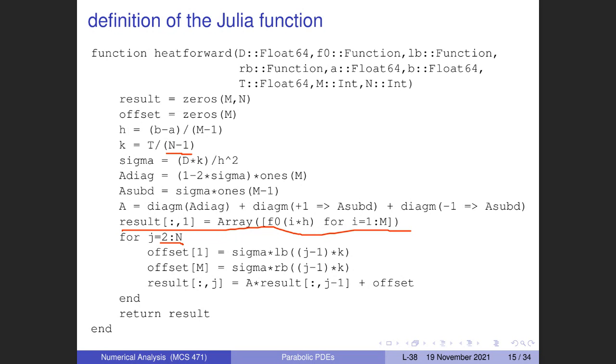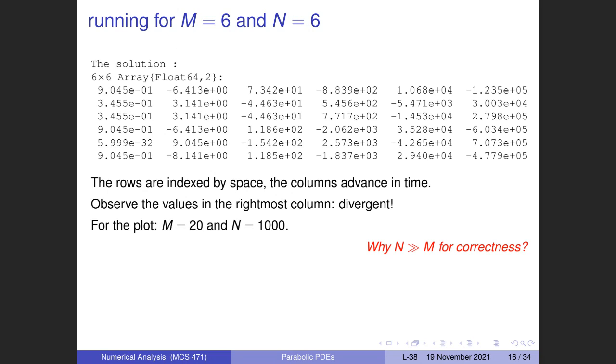All right, let's apply this. We do this with 6 values. So the first column, this first column here, is the initial temperature. The last column, and I will immediately indicate what is most important here, gives the values of the temperature at the end of time.